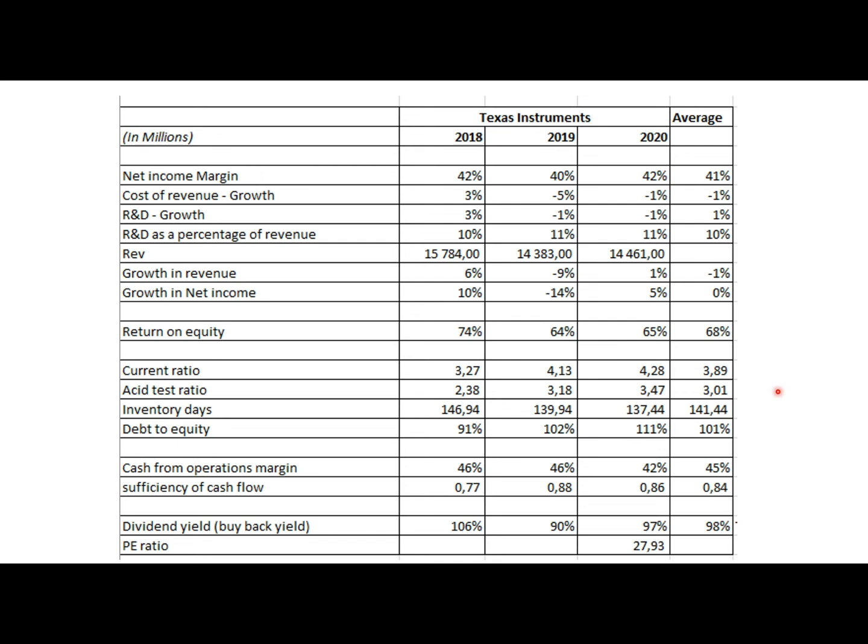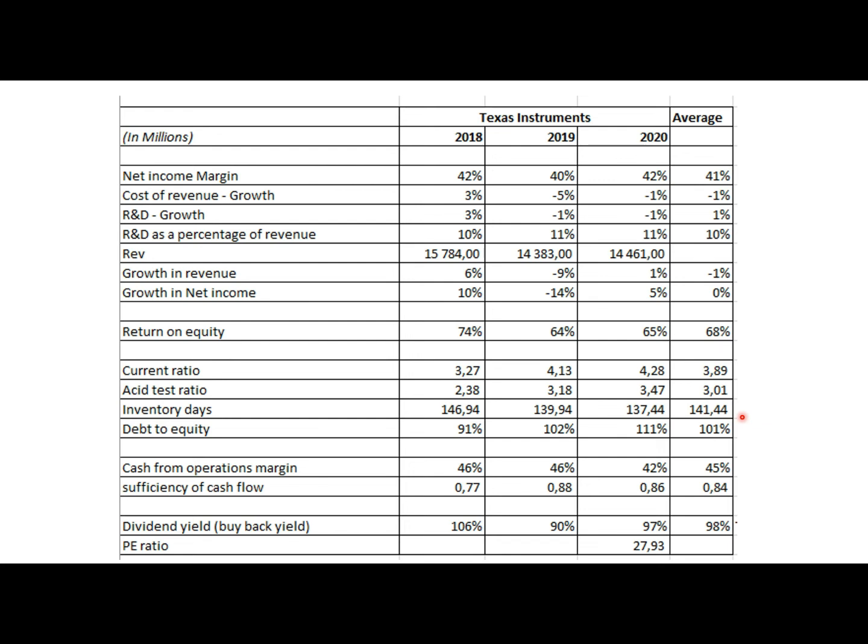Now the good liquidity can also be supported by the over $3.1 billion in cash. Inventory days, they've underperformed the industry average of 101 days. Bad sign, but considering other liquidity measures, not too worrying.